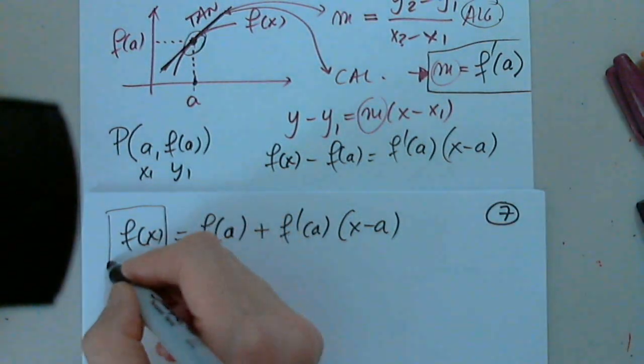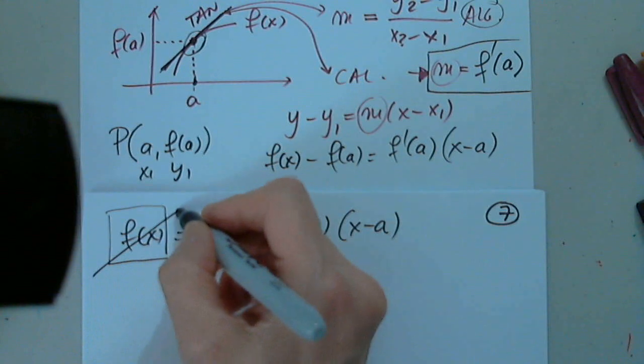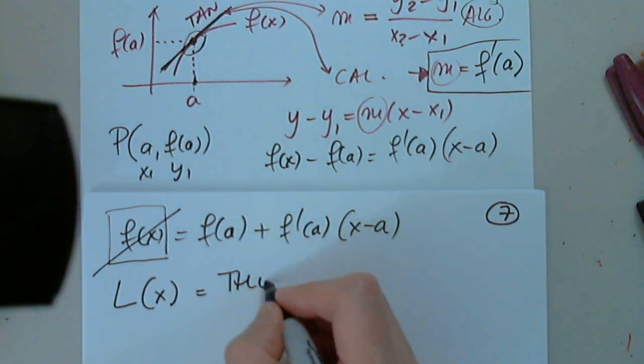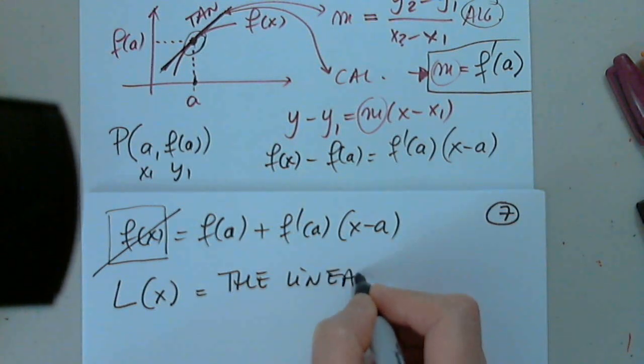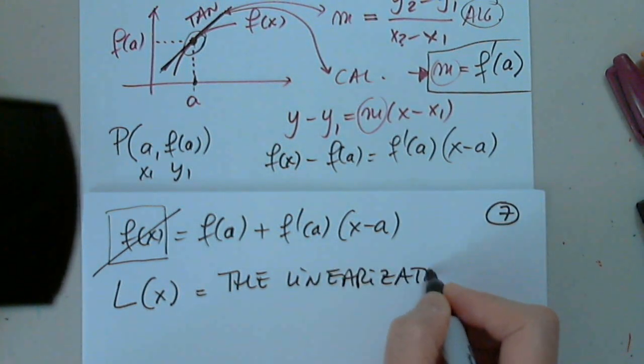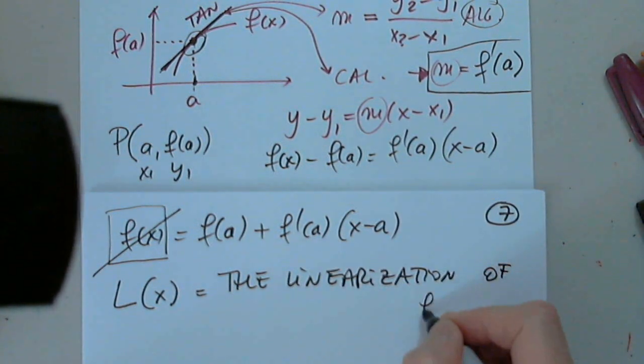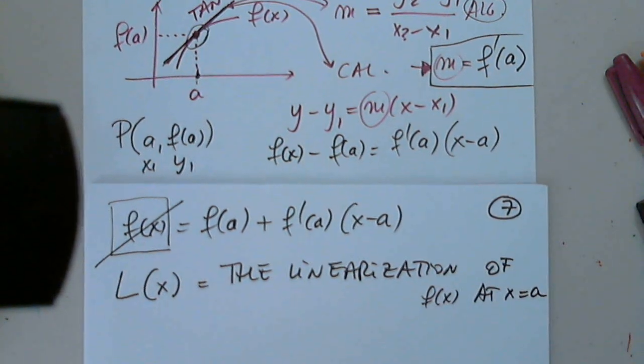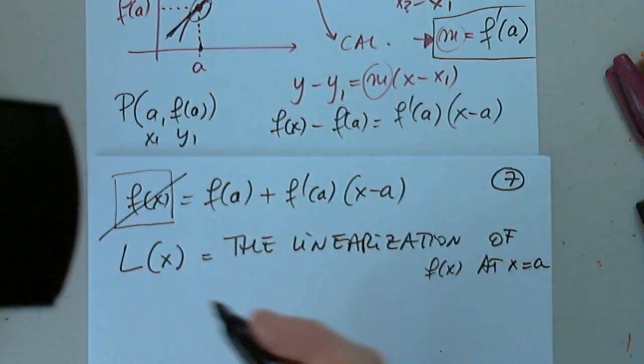We don't really like to write f of x here. We write L of x, the linearization of f of x at x equals a. What is it?